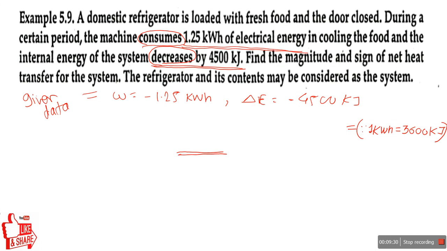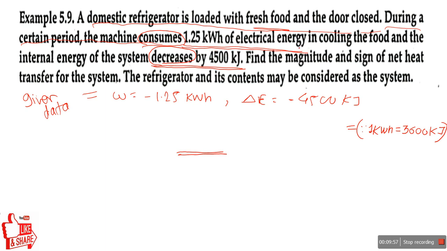The next numerical now. A domestic refrigerator is loaded with fresh food and the door is closed. The refrigeration system is another application. During a certain period, the machine consumes 1.25 kilowatt hour of electrical energy.